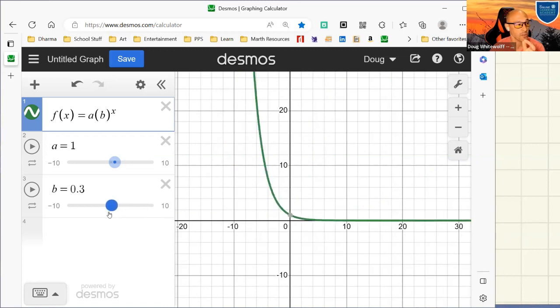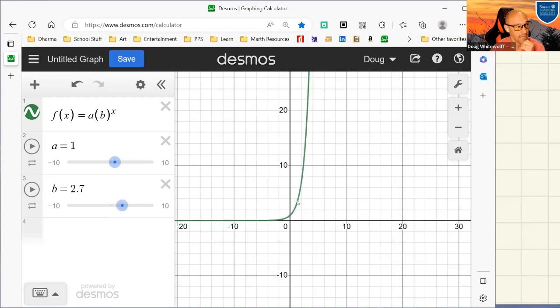Look what happens. Okay. And then when b is negative, it doesn't do anything. It doesn't work. So this is exponentially decreasing because as we go to the right, the y value is decreasing. This is exponentially increasing because as we go to the right, the y value is increasing.